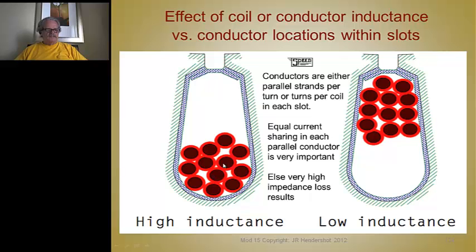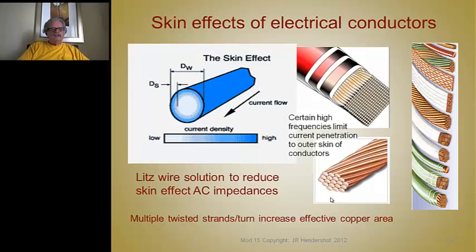So that balances out the inductance situation very nicely. But if these are parallel strands for one turn, you can get variation in inductance from each of these strands, from this one to this one. So sometimes you have to use Litz wire or use some transposing of these coils.